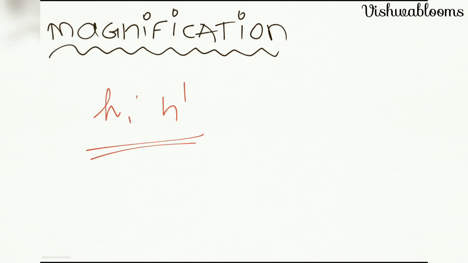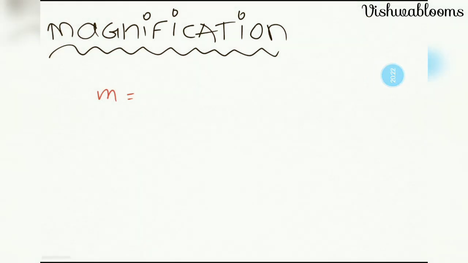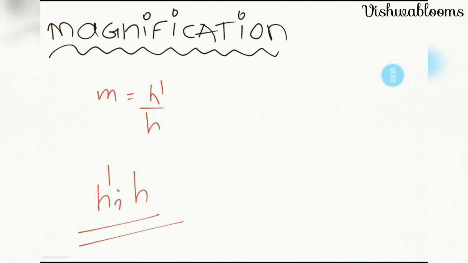You understood this? That is only the formula. So m is equal to h dash upon h. See, the ratio of height of image to height of object.